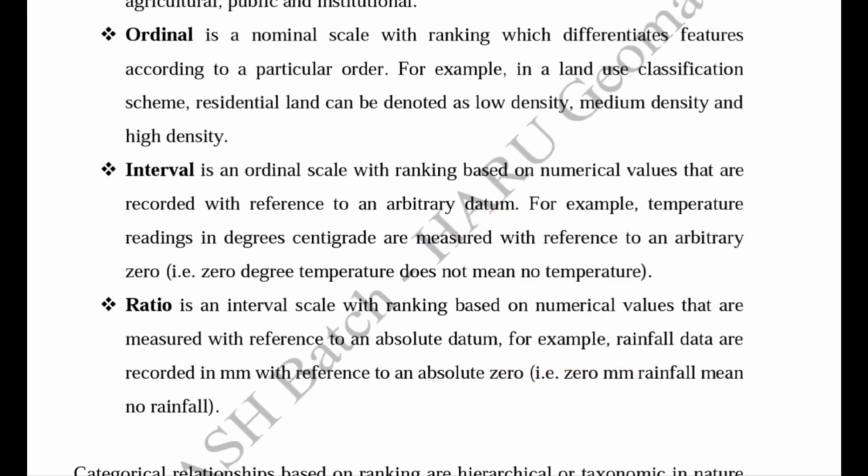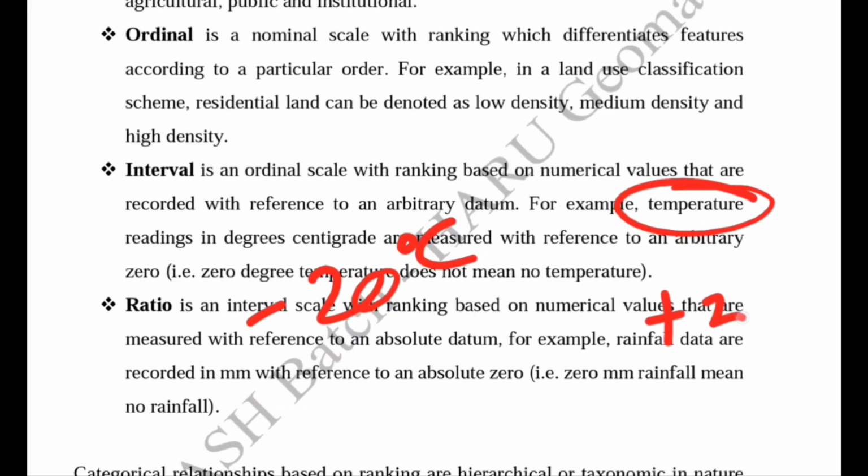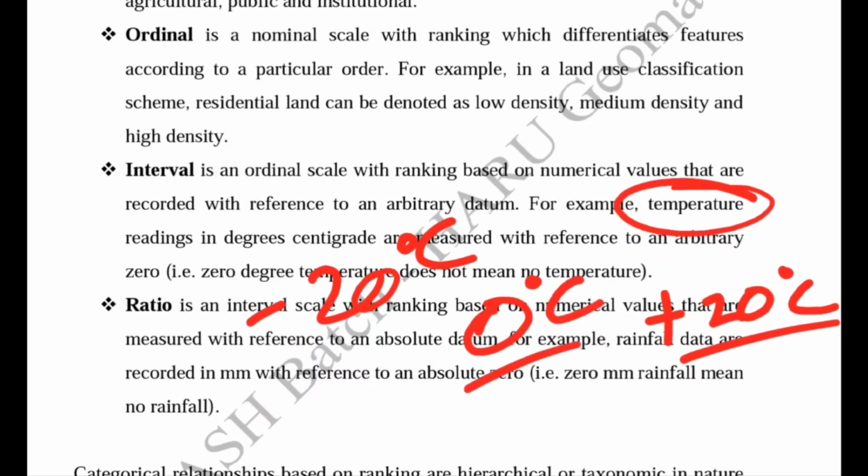If we take the example of temperature, one place has minus 20 degrees Celsius and one has plus 20 degrees Celsius. How are we differentiating them? On the basis of referencing a datum, which is 0 degrees Celsius. The meaning of 0 degrees Celsius has significance here, because it does not mean that there is no temperature; it is a cold temperature.